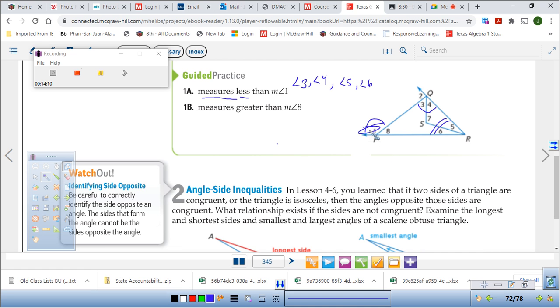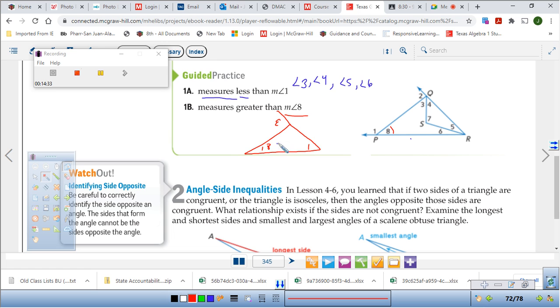Now I'm going to switch up the colors, and let's try this other one. Find a measure greater than angle 8. Where's angle 8? So I'm seeing that one real quick. So I'm going to draw this. See that? This is exterior angle, interior. This is your 8.